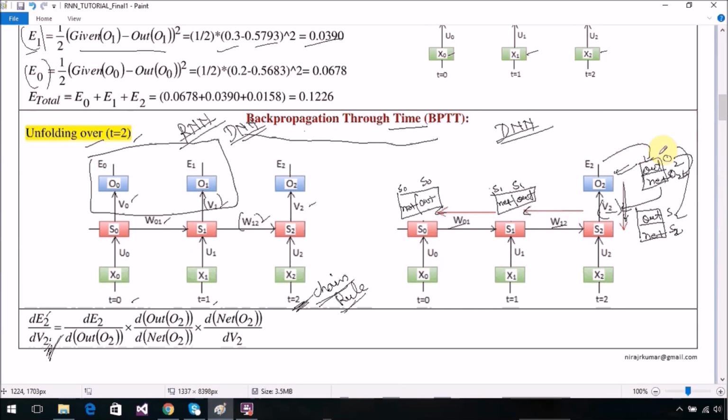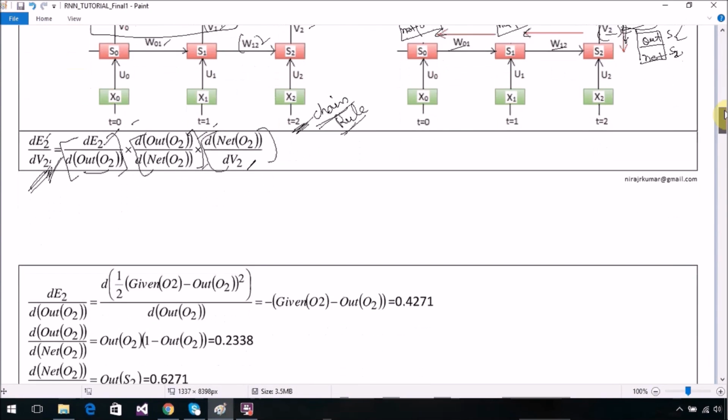So our derivation path will follow the chain rule: derivative of E2 with respect to out O2, and out O2 with respect to net O2, and net O2 with respect to V2. So in the next part we will calculate these separately and take the multiplication to calculate this gradient with respect to V2.